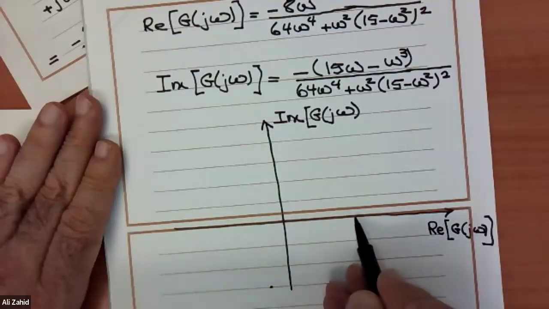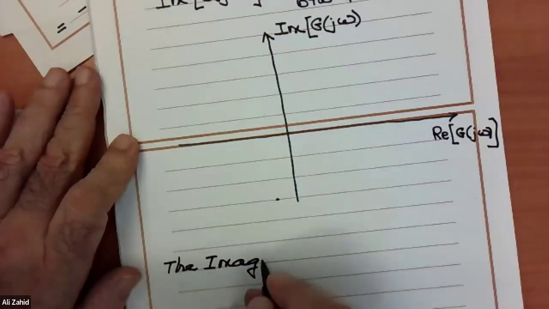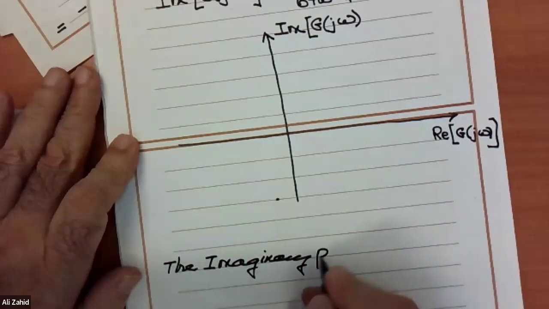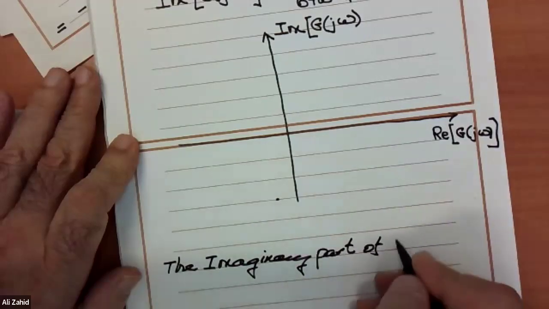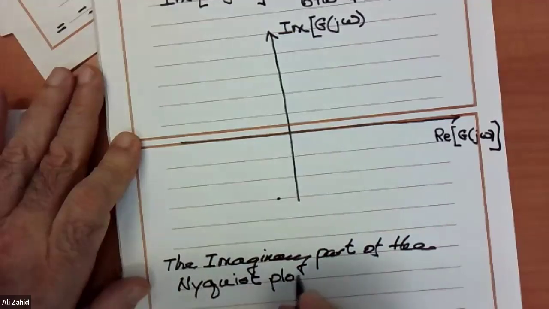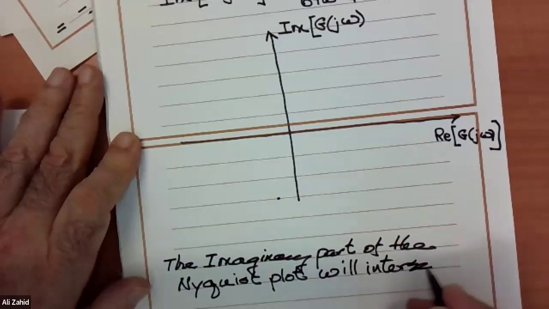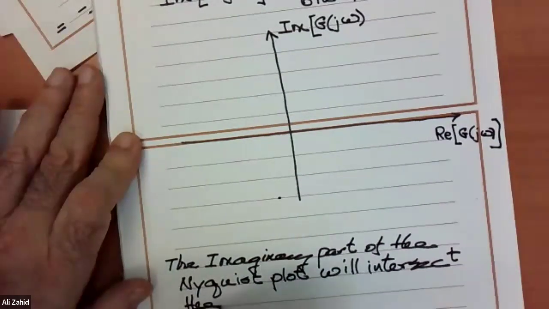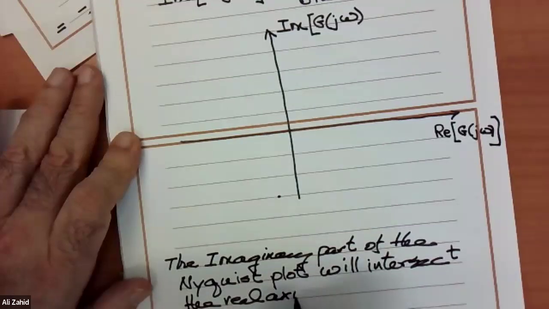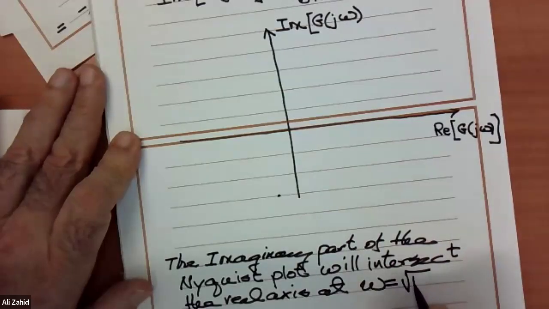When the imaginary part of the Nyquist plot is 0, it will intersect the real axis at omega equal to square root of 15.